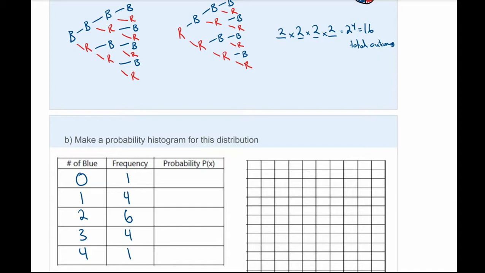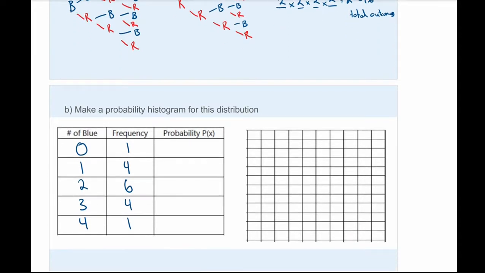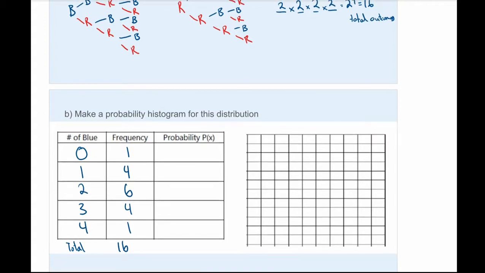Now to find the probability of that, again, we know the total is 16. So what's the probability of getting 0 blues? Well, it's 1 out of 16, which equals 0.0625. What's the probability of getting 1 blue? Well, it's 4 out of 16, which equals 0.25. 2 blues, 6 out of 16, or 3 out of 8.